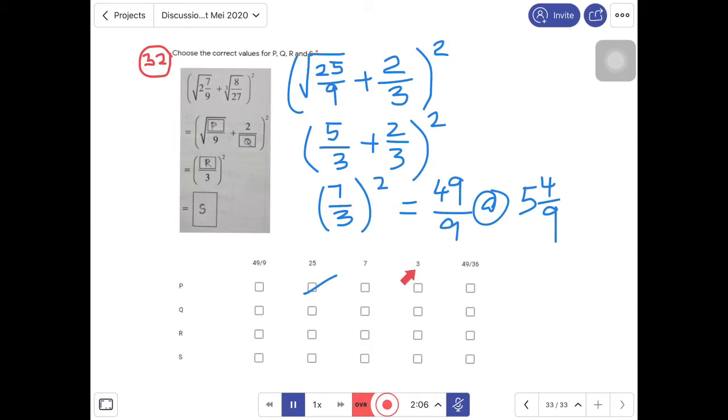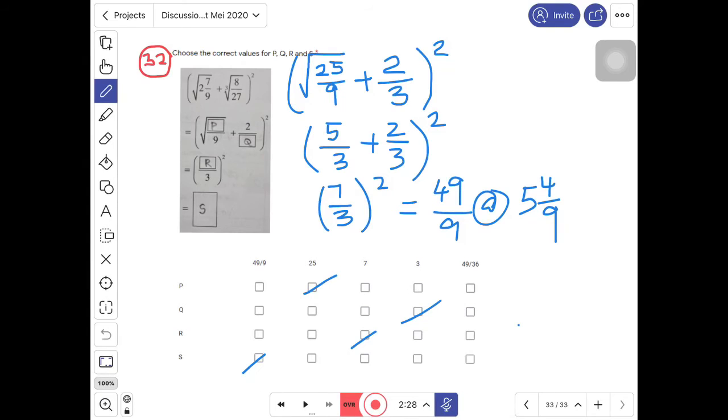Q is 3. And R is something over 3, so 7 over 3. R is 7. And S is 49/9.